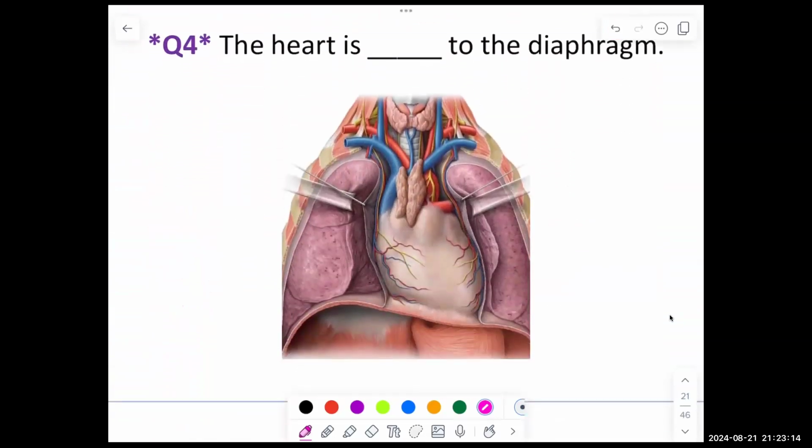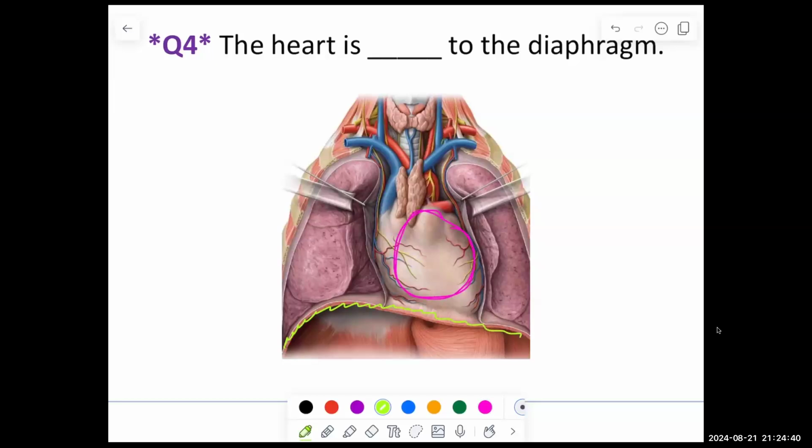Let's wrap it up with this one. Okay. The heart up here is blank to the diaphragm.